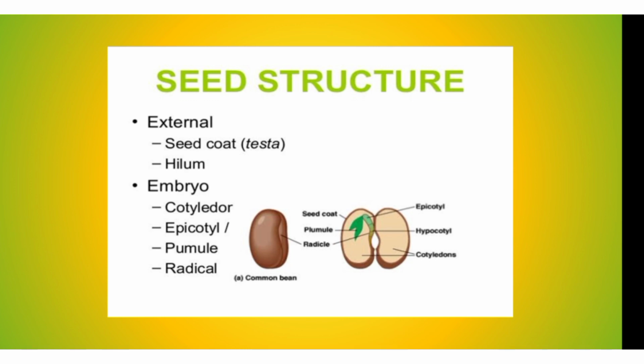For the common bean, we have the seed coat, which is the testa, the plumule, and the radicle. The radicle will grow first and sprout first from the seeds and will meet the soil to get some nutrients and absorb water as well.